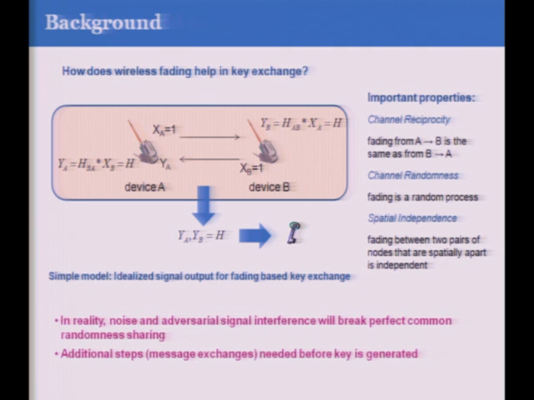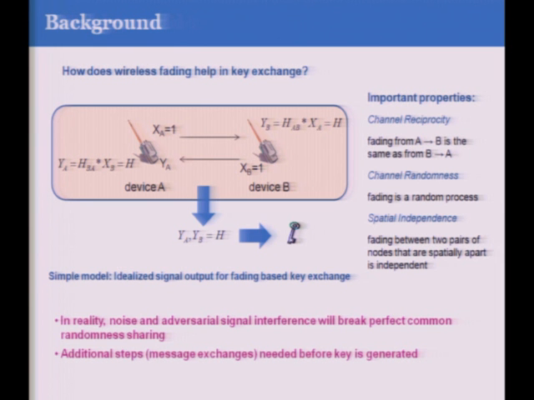And these additional messages will affect the efficiency of this whole process. And this talk will be about quantifying this: how does the efficiency change as a function of how much adversarial interference power you have in the system.